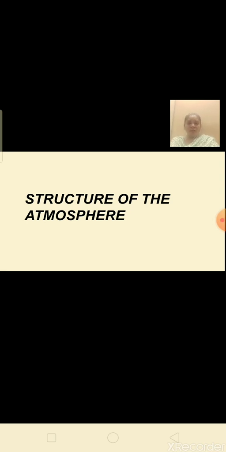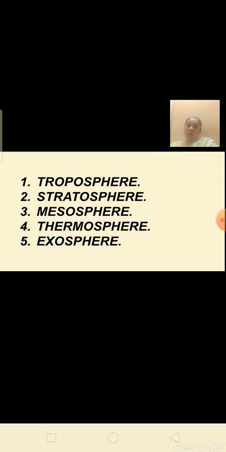The atmosphere has a layered structure. Its total extent can be roughly divided into 5 layers. They are troposphere, stratosphere, mesosphere, thermosphere, and exosphere.